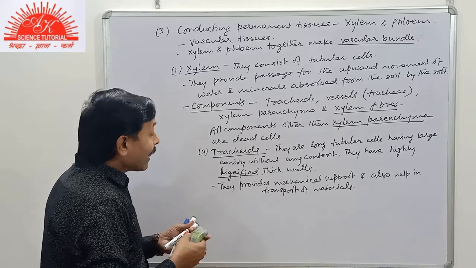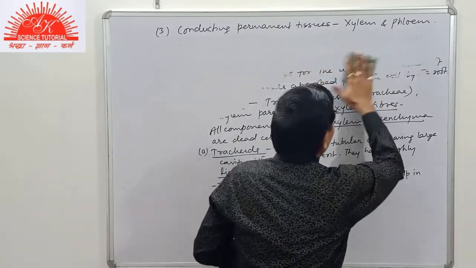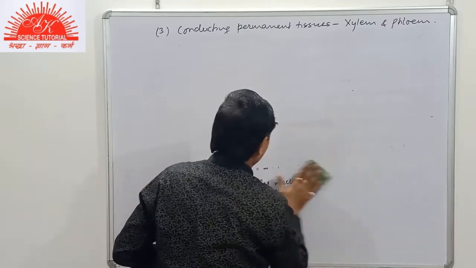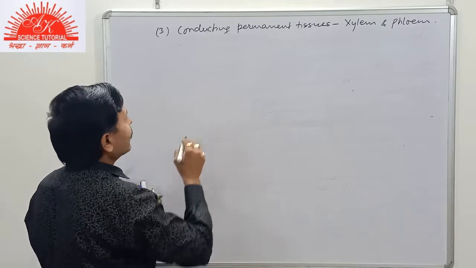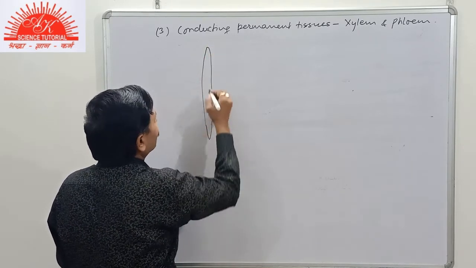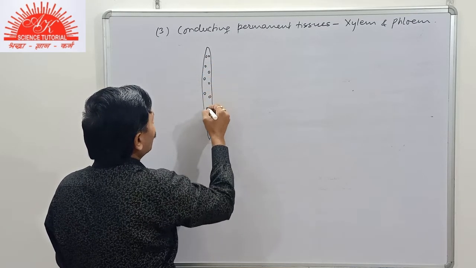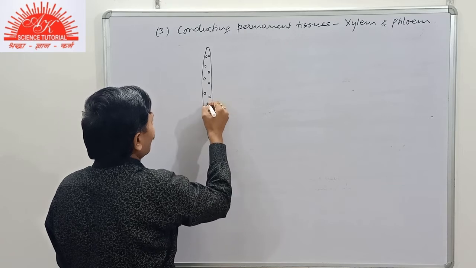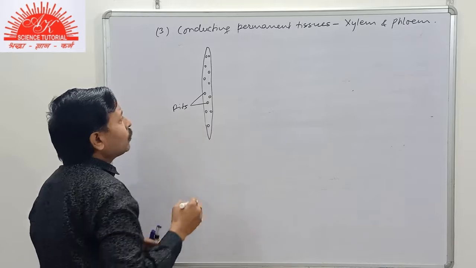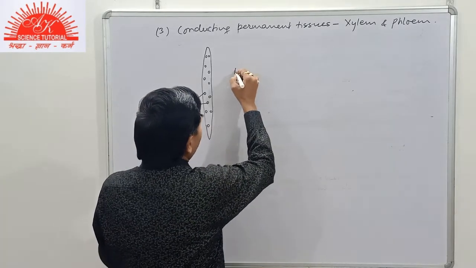Tracheids develop different types of structures due to different types of thickening. Sometimes a tracheid has this type of pores, also known as pits, and through these pits the transport of materials takes place.